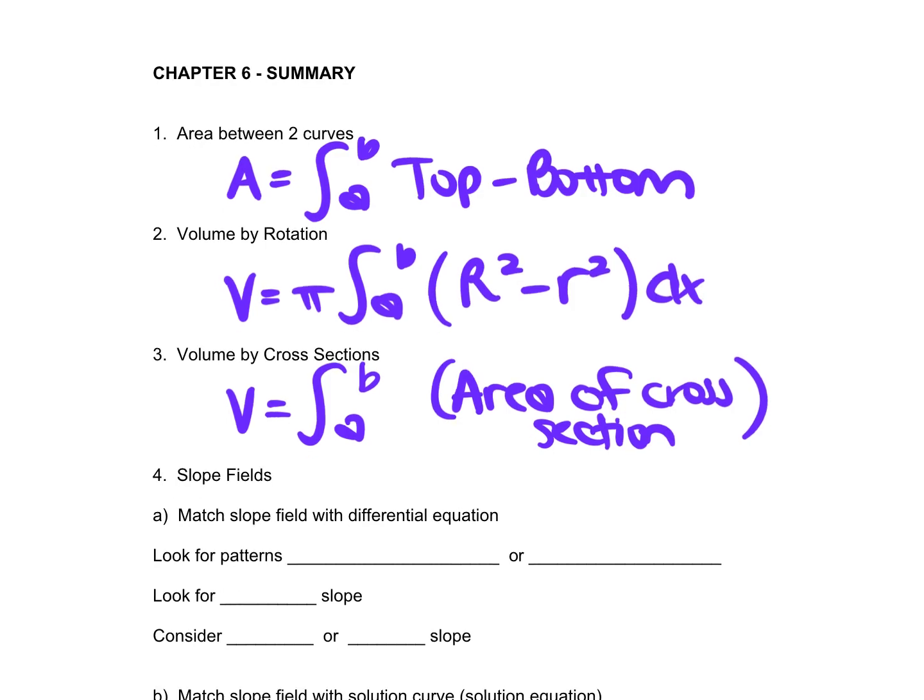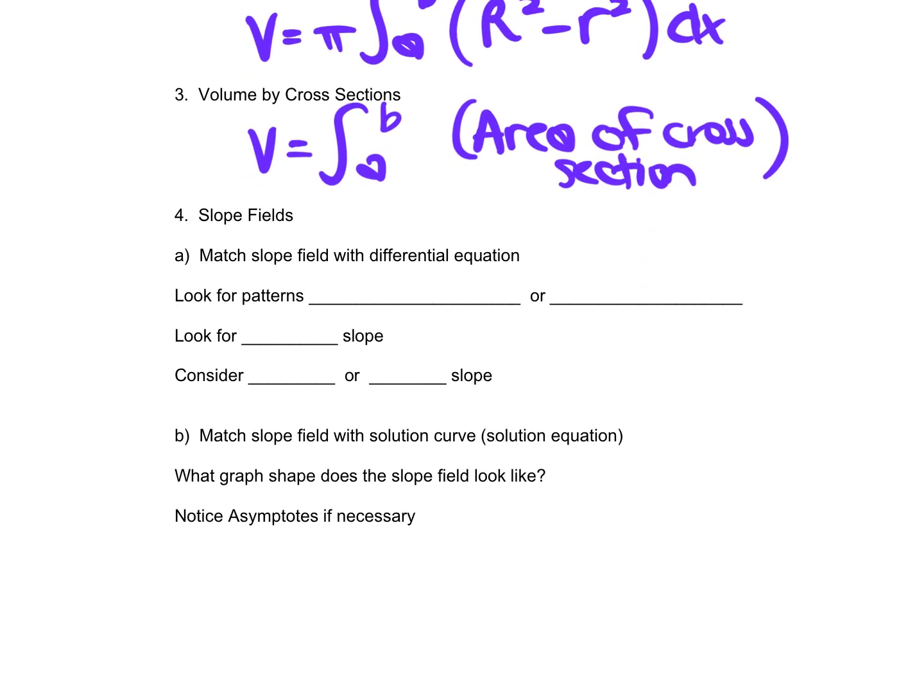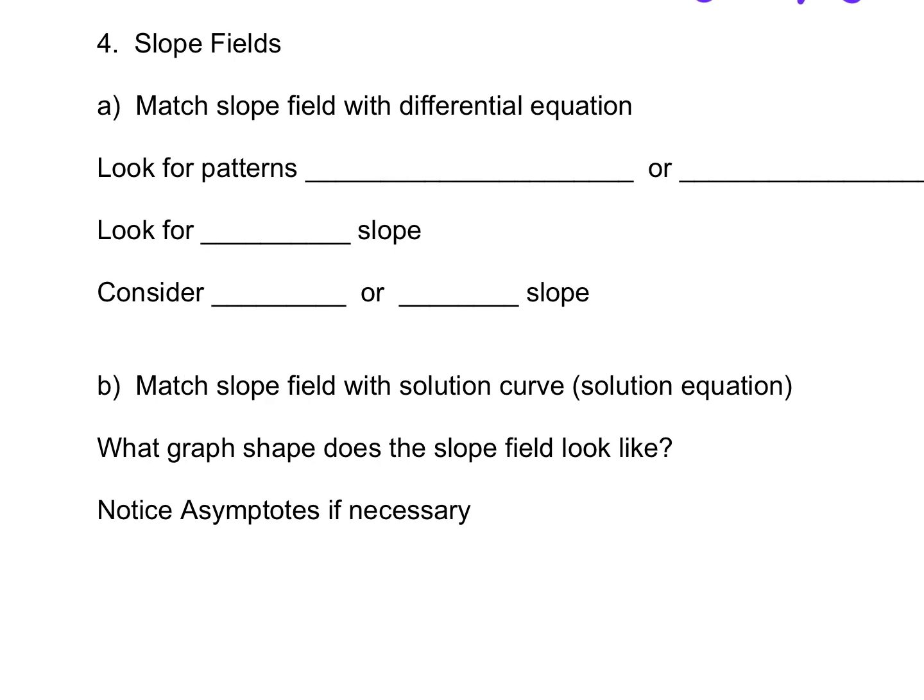Within Unit 6, we also talked about slope fields. So when we are doing slope fields, a couple of things to remember. We looked for patterns that are horizontal or vertical. We definitely look for zero slopes, because if we can find those and identify how we get zero, whether it's x's or y's, that can really help us narrow down.